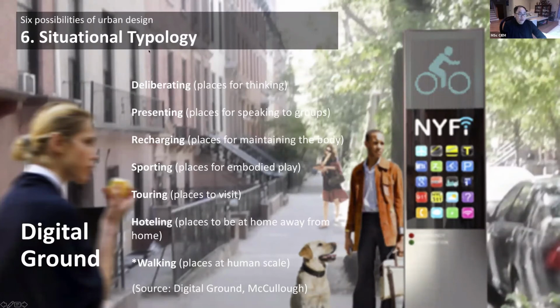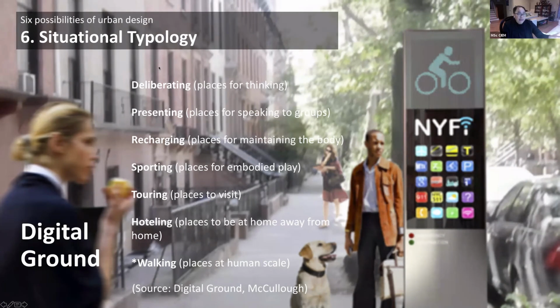And then finally, there's a number 6 possible approach to urban design. It's called situational typology. Urban environment is becoming situational, that is, changing over time. So the typology of places that we define is now situational. There's a time dimension. We don't just define housing, residential, industrial, office, retail.